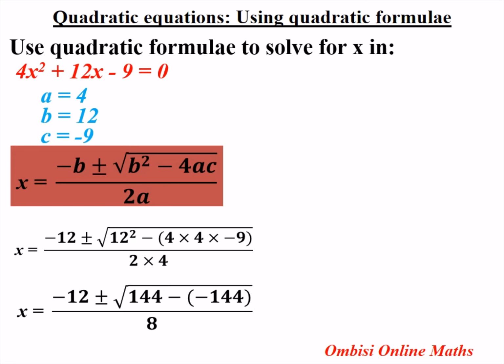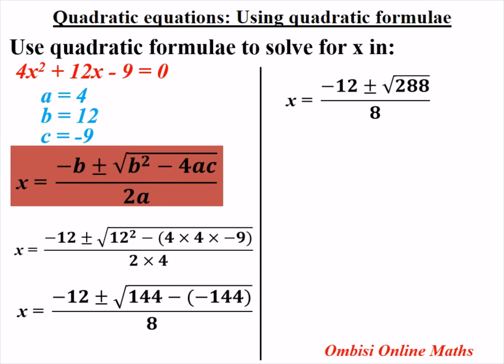And this translates to x equals negative 12 plus or minus the square root of 288, over 8. The square root of 288 is 16.971, so x equals negative 12 plus or minus 16.971, over 8.